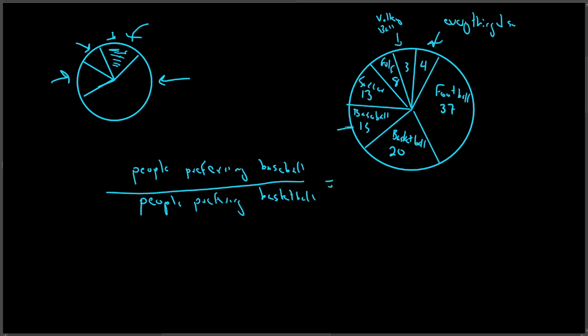So the people that prefer baseball is 15, and the people that prefer basketball is 20, and that ratio becomes 3/4. So there's a 3/4 ratio between these two chunks.